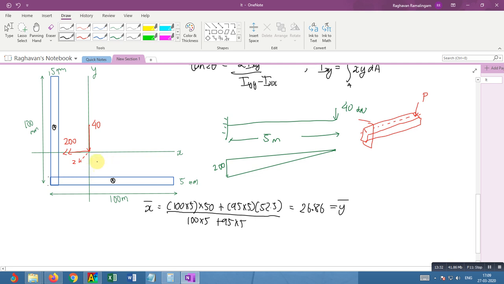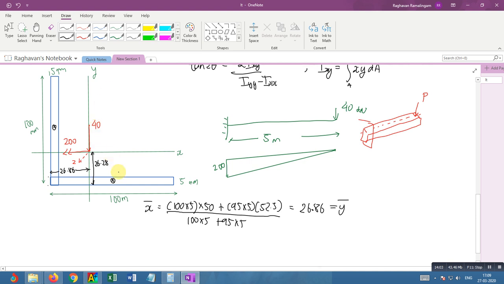So this is 26.86 and this is 26.86. Now, when I try to find the moment of inertia Ixx and Iyy, I need the distance between the centroid of each part to the centroid of each of these axes.